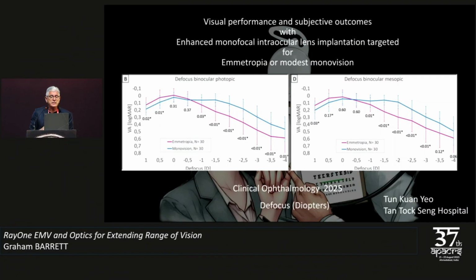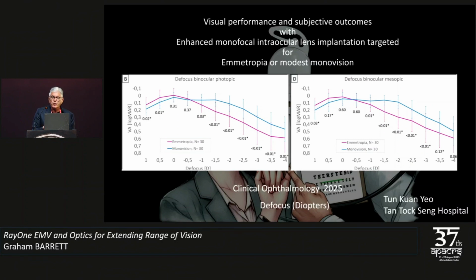The blue line is the binocular defocus curve for those with monovision. The red is the ones for emmetropia. So even the emmetropic eyes have a very good defocus curve. They are getting some useful near vision, good intermediate, but you can see how much more near vision adding that modest monovision with the EMV provides. This is not only for photopic, as you see on one side of the chart, but even in mesopic conditions.